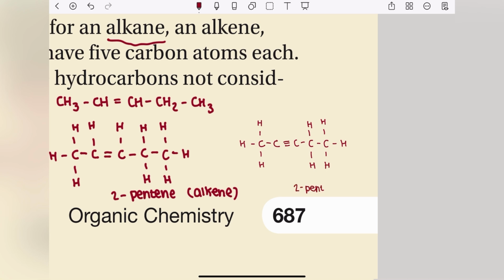So instead of 2-pentyne, the number would change, indicating the position of the triple bond. So this is our alkyne. And the condensed structural formula would be a methyl group, and then 2 carbon atoms bonded with a triple bond, a CH2 group, and another methyl group in the end.